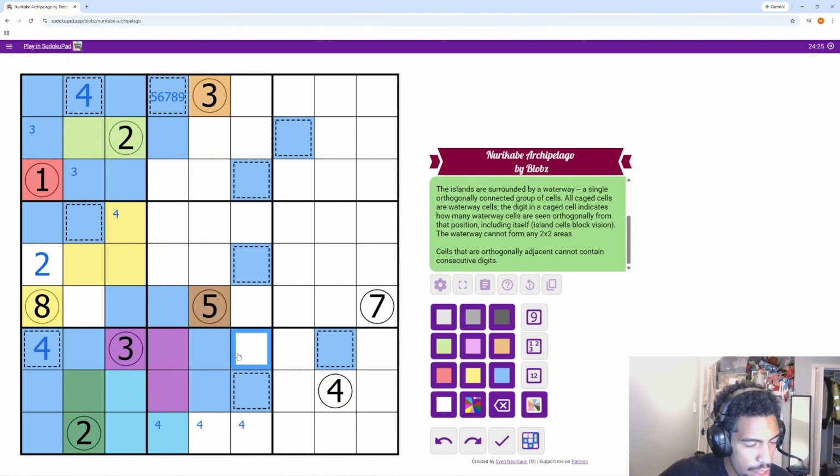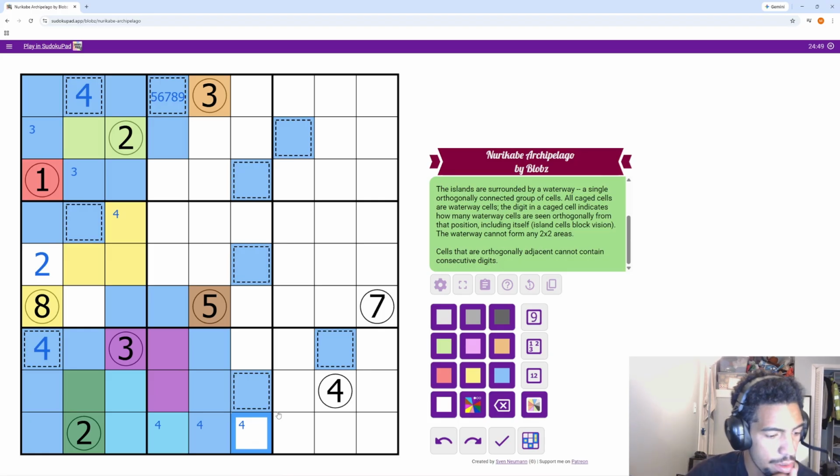So this cell now has to be, well, this cell can't be blue, and both of these cannot be blue. But my 4 can only go this far, so this digit is definitely blue. And now I know that this has to be part of an island.